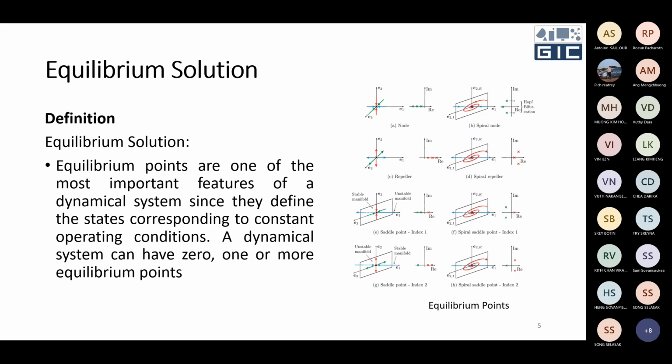One notion of equilibrium solution is this arrow here, which shows that our solution is stable. When it shows this other kind of arrow, it shows that our system is unstable.